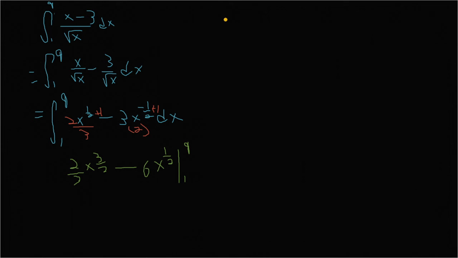Let's just write everything out, and then x is 9 in this case, so that's going to be 9 to the 3/2 minus 6 times 9 to the 1/2.